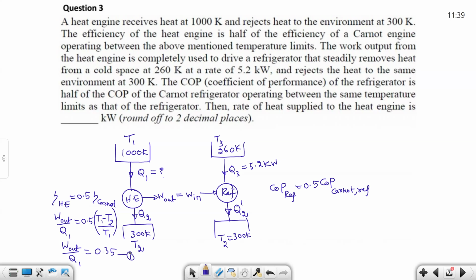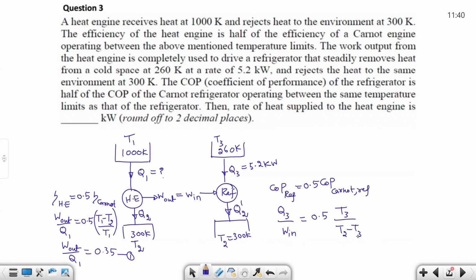Now from here, COP of refrigerator is Q3 by work input, which is equal to 0.5 times COP of Carnot refrigerator, which is T3 by T2 minus T3, because lower temperature is the desired effect.